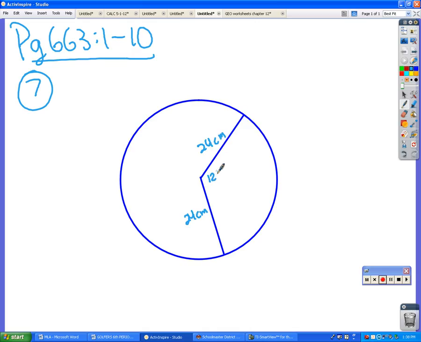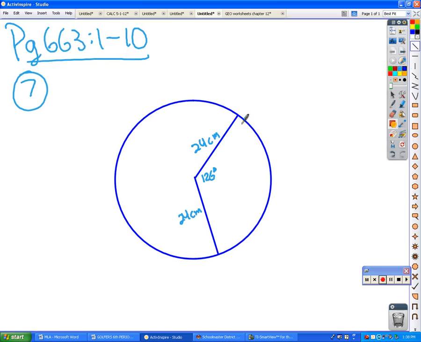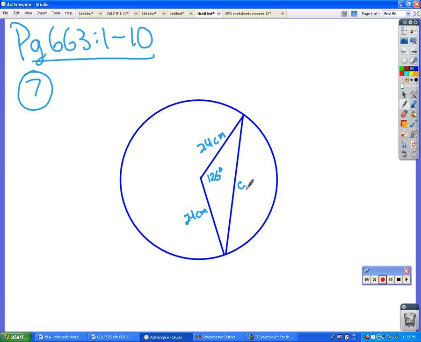And this angle is 126, and we are trying to find the length of the chord across from it. Okay? So anytime you are trying to find a side that's across from an angle, where the angle is in between two sides that you know, what do you use?